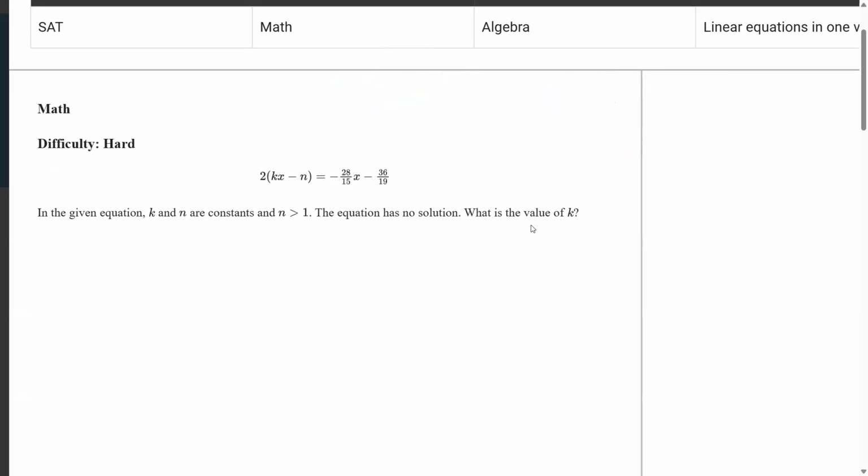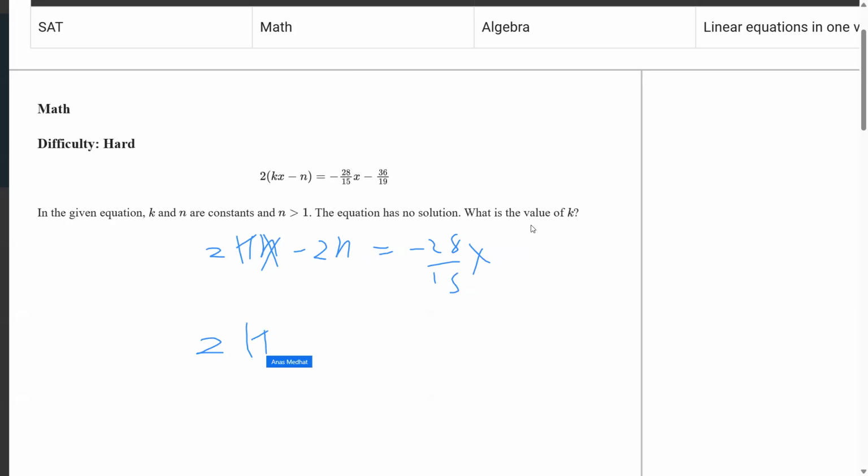Okay, let's solve it here. 2kx minus 2n equal to minus 28 over 15 x. We don't need to solve it more. Now we can equate the things beside the x. Here we have 2k.